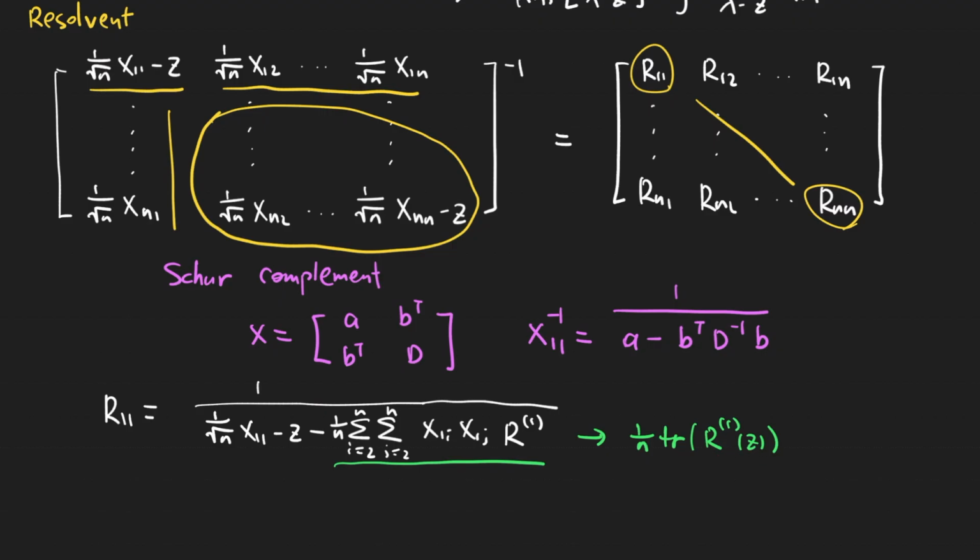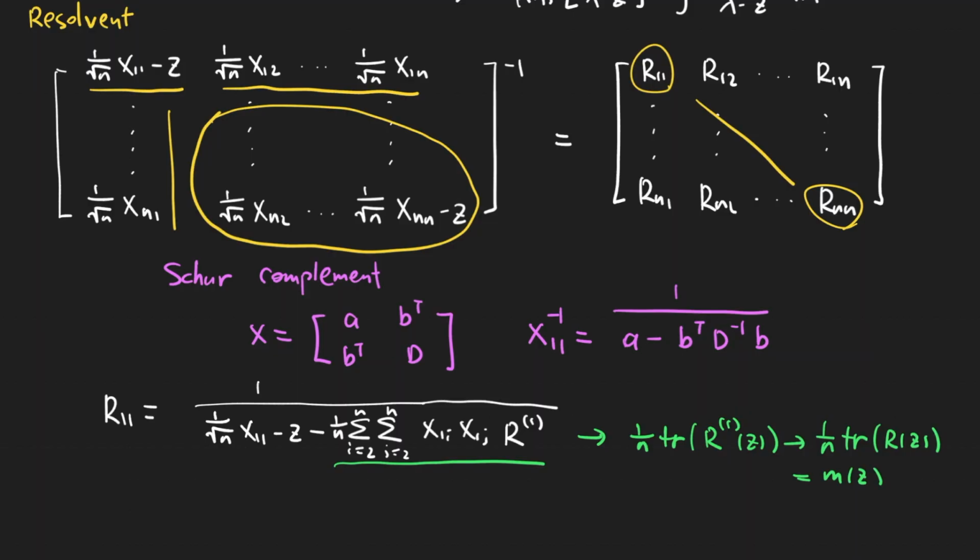So that is nice, because when the matrix is very large, we don't really care about the matrix losing or gaining one row or one column. So this just becomes 1 over n times trace of R, and that just equals m of z.